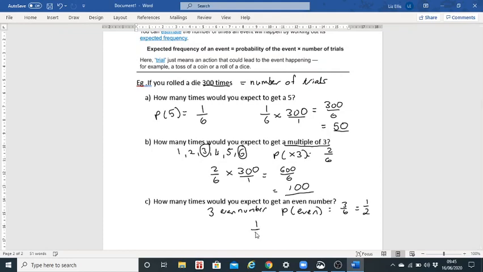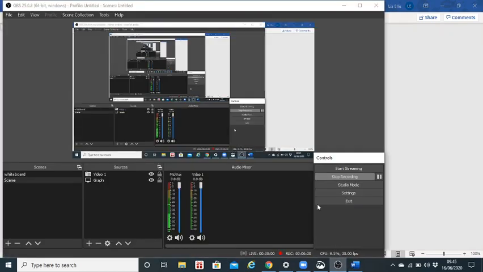So it's a half times 300, because this is still about our die that we rolled 300 times. And a half of 300 is 150. And that's how to deal with the estimated number of frequencies as well as exhaustive events.